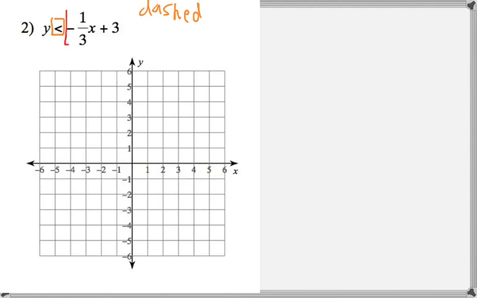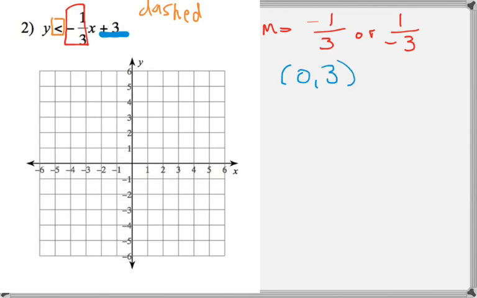My slope is -1/3, so I have -1 over 3 or 1 over -3. My y-intercept comes from this number. It is the point (0, 3), so I can plot (0, 3).